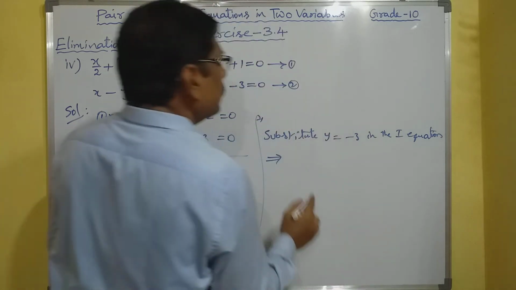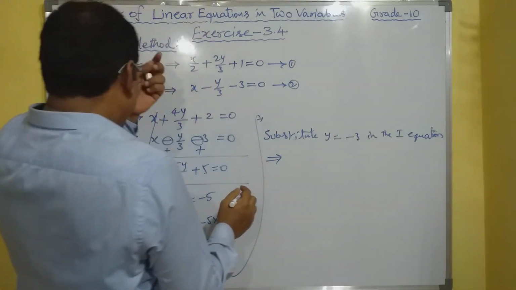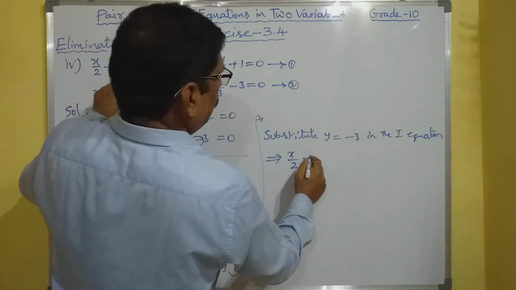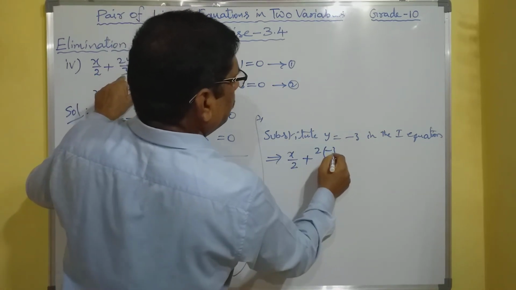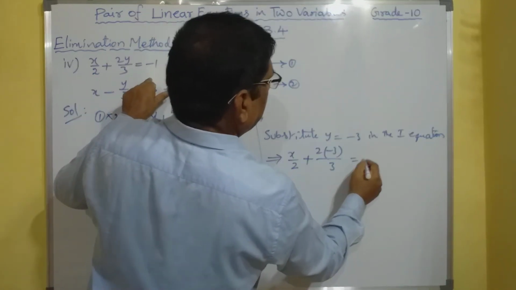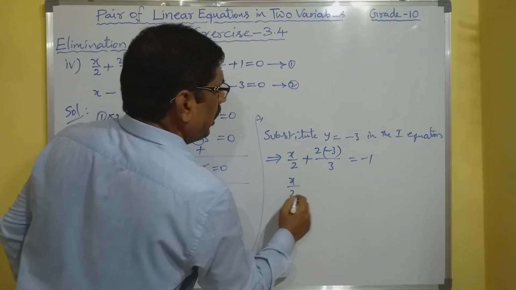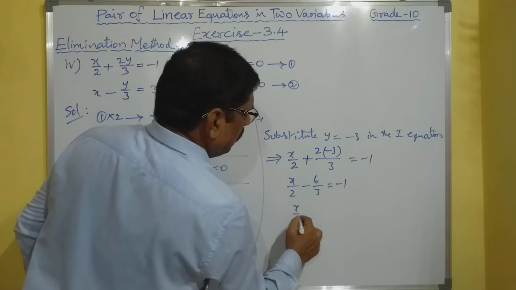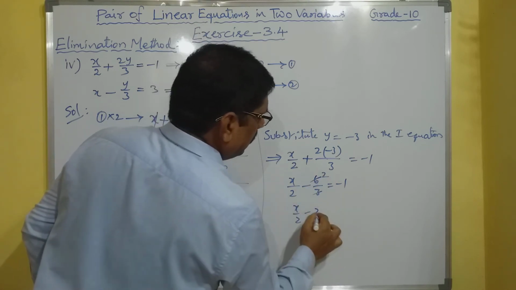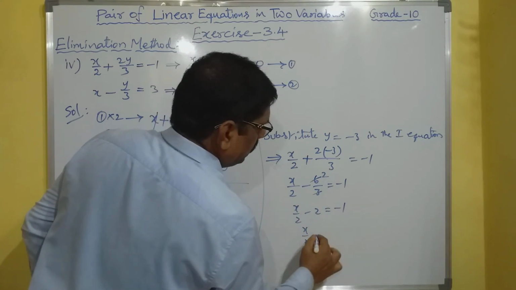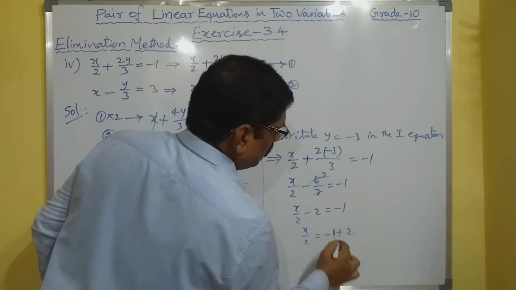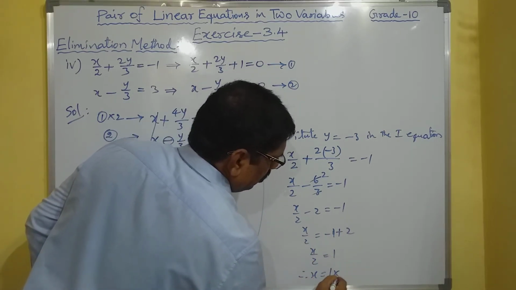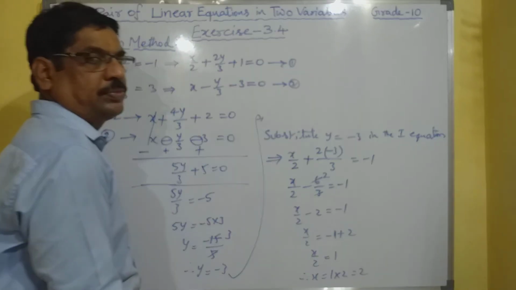Now look at this. So this implies we get x by 2 plus 2 into y value, minus 3 by 3, is equal to minus 1. x by 2 plus 2 into minus 3 by 3, that is minus 6 by 3, is equal to minus 1. 3 twos are 6, minus 1. x by 2 is equal to minus 1 plus 2. Then x by 2 is equal to 1. x is equal to 1 into 2 is equal to 2.